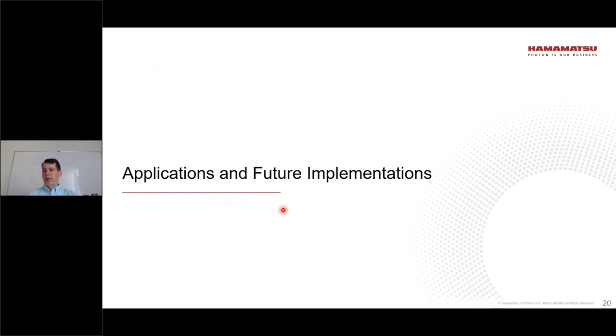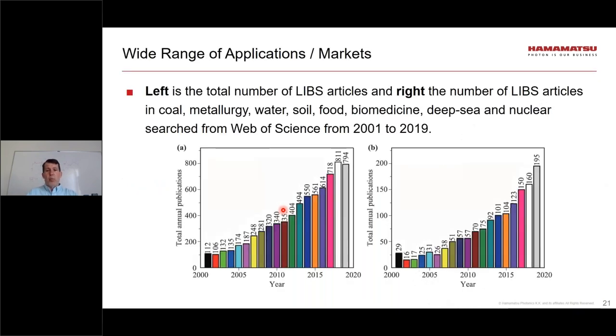So having looked at the different aspects of a LIBS system, we can now look at some applications and future implementations for LIBS. We saw earlier the vast increase in the citations of LIBS in a general way, and these graphs are showing more specific publications for some specific applications.